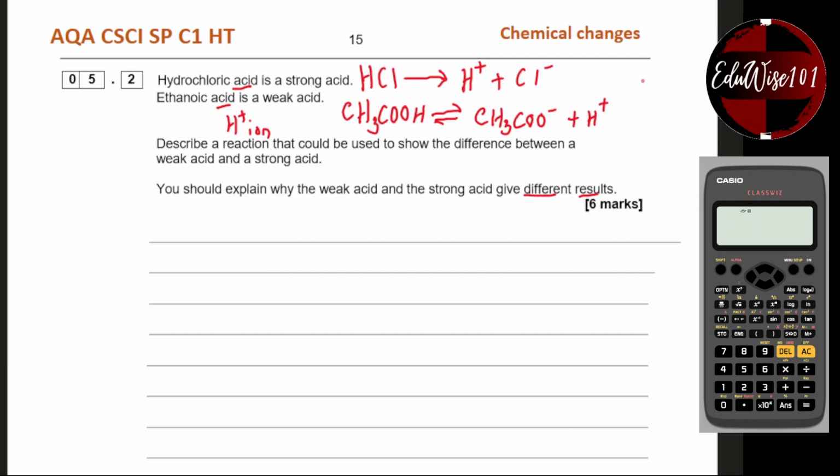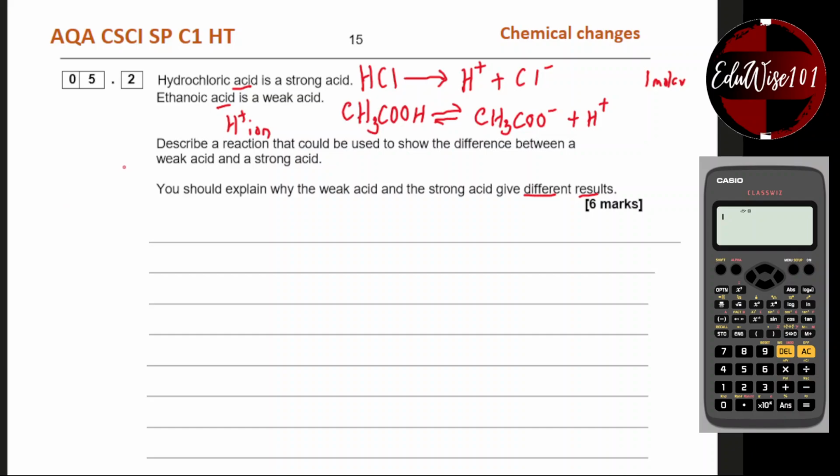This makes it a weak acid, whereas HCl. So if I take 1 molar solution of each of them, I would get 1 molar H plus ions in HCl, whereas I wouldn't get 1 molar H plus ions in ethanoic acid. It's only partially dissociated. So how can you figure out which is a strong acid and which is a weak acid depending on the results?